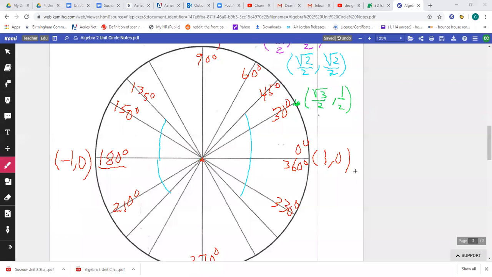If this is 180 and I go 45 degrees forward, this is 225. And then if this is 360 right here and I go 45 degrees back, this is 315.